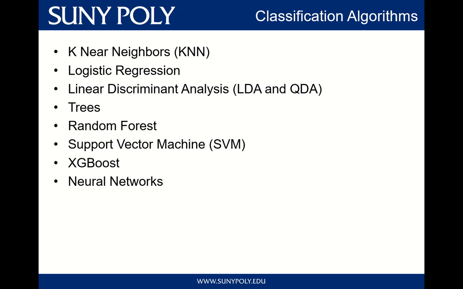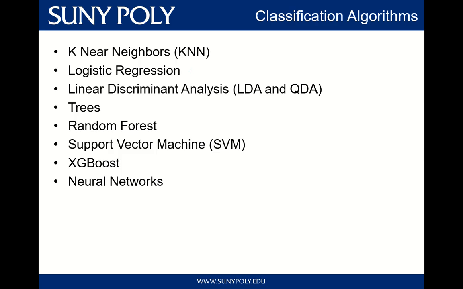Remember, one thing is the problem, and a different one is how you solve that problem. For classification, we have different algorithms. Some of them are similar to the regression algorithms, but they are, of course, adapted to the context. So we have KNN, the k-nearest neighbors.